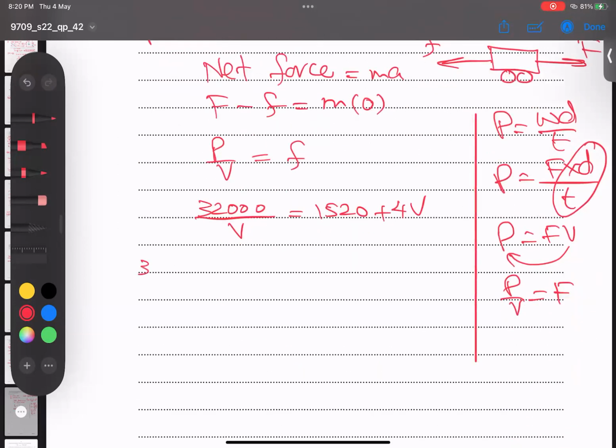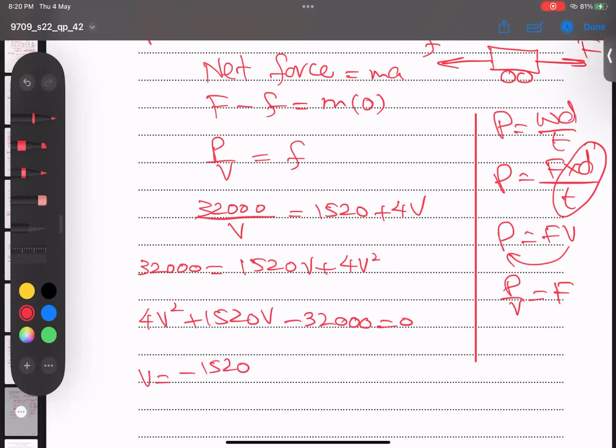Now I'm doing cross multiply, students. So 32,000 equals 1520V plus 4V to the power 2. Rearrange: 4V squared plus 1520V minus 32,000. You can divide by 4 or directly apply the quadratic formula: negative b plus or minus square root of b squared minus 4ac, over 2a.